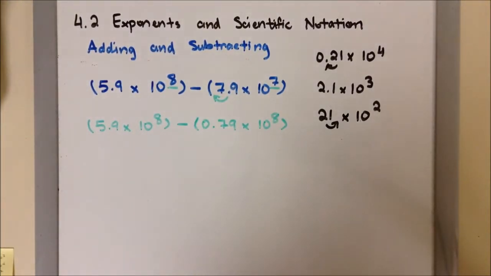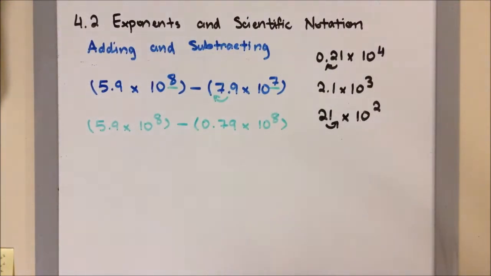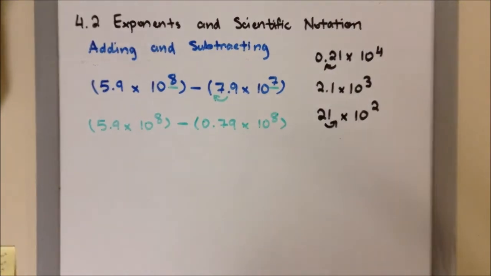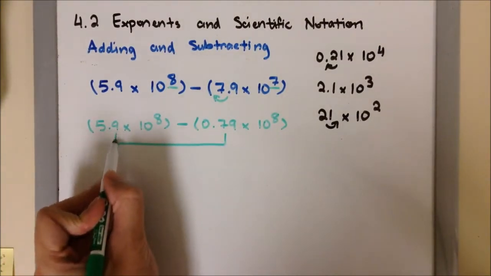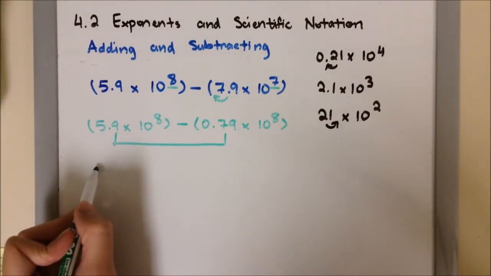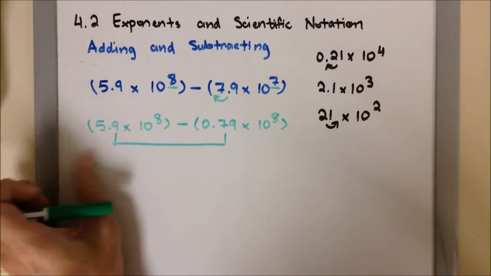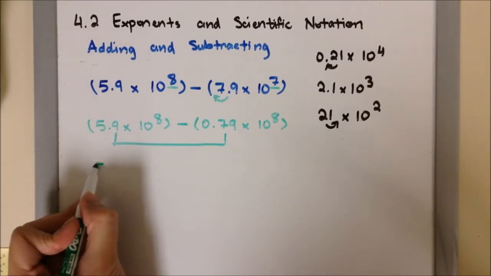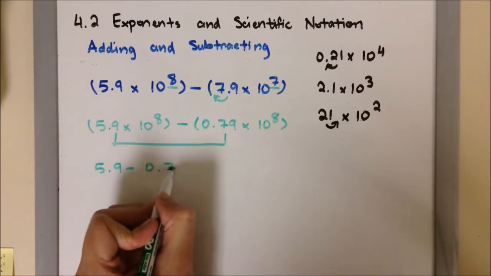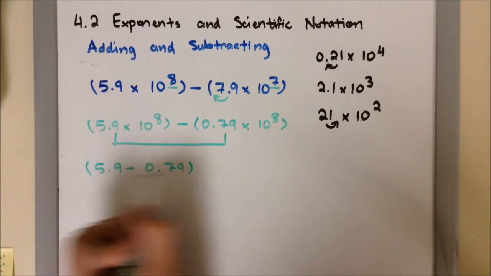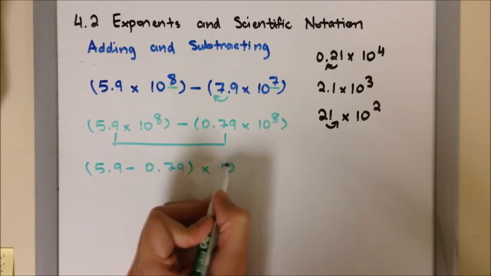Since they have the same exponent, I'm just going to combine my numbers. So 5.9 minus 0.79 times 10 to the 8th.